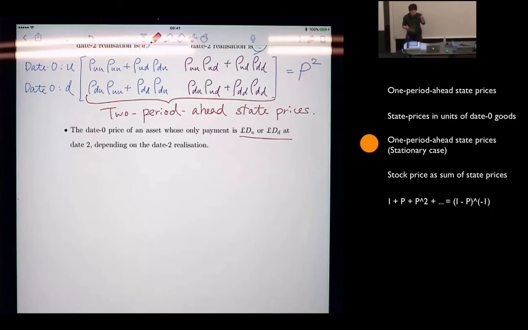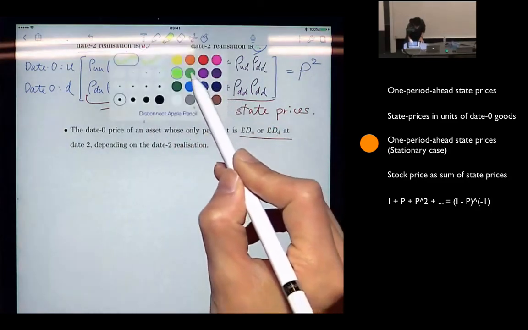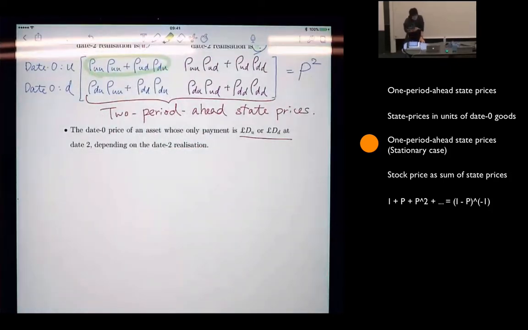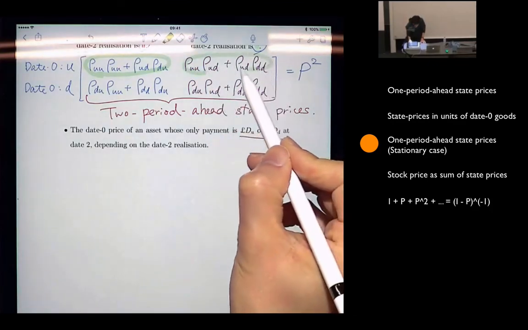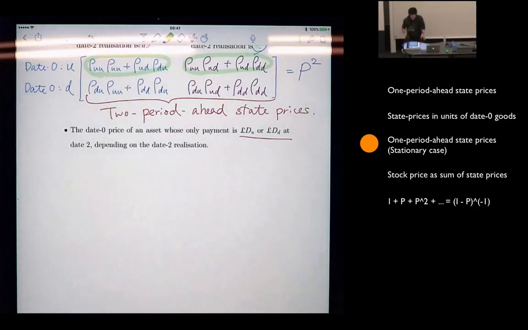If you want to have 1 unit of potato at date 2, when the date 2 economy is up, the price is this, if the initial state is U. If you want to have 1 unit of potato at date 2 when the date 2 economy is down, this is the price. Okay, suppose the initial state is U. And this asset will give you DU units or DD units of potatoes at date 2, depending on the date 2 realization.